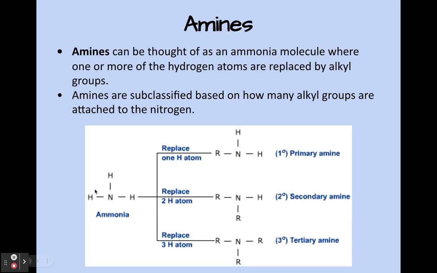If we replace one of those hydrogens with a hydrocarbon chain, we get what's called a primary amine. If we replace 2 of those hydrogens with hydrocarbon chains, we get a secondary amine. And if we replace all 3 of them with hydrocarbons, we get a tertiary amine.